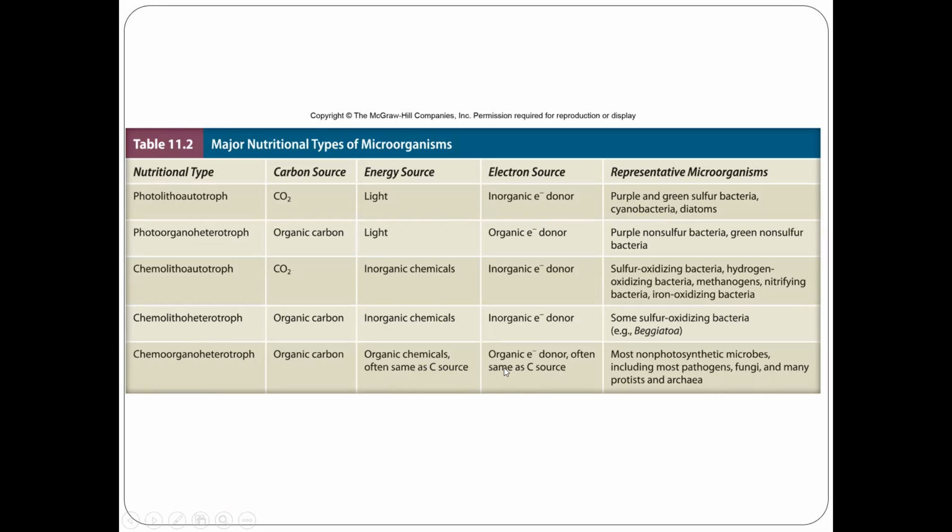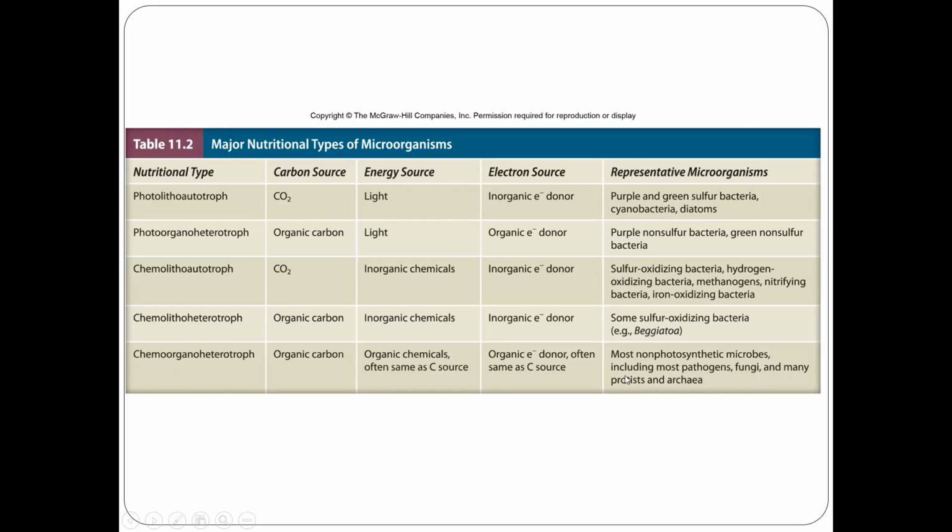The electron resource, including donor and acceptor, is also the same as the carbon source. So chemoorganoheterotrophs have carbon source, energy source, and electron source that are exactly the same. Therefore, most non-photosynthetic microbes, including most of the pathogens, fungi, protozoa and archaea, belong to this group.